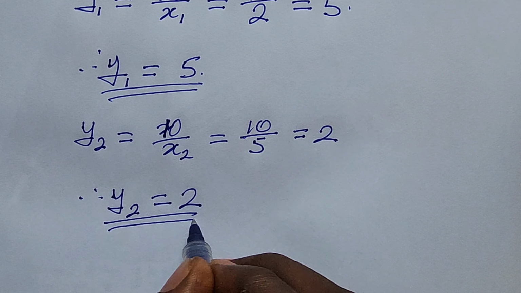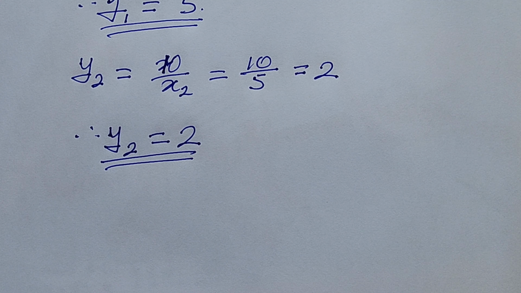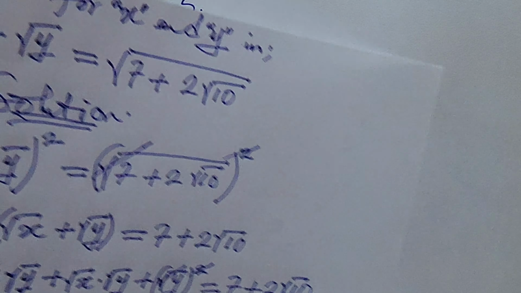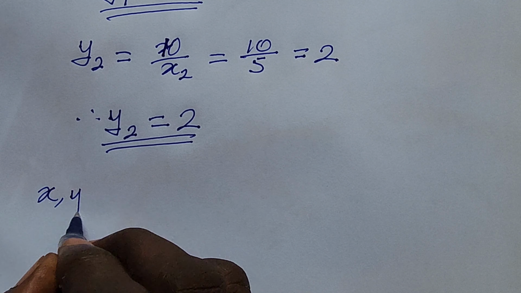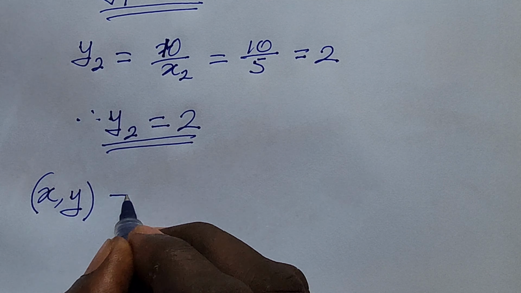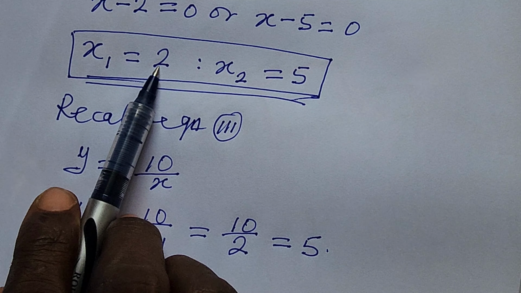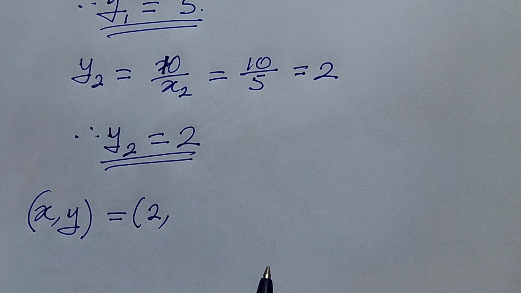Now, let's look for the pairs of solutions that actually satisfy the original radical equation. So they're going to give us x, comma, y, which will now be equal to, when x1 is 2, what is our y1?